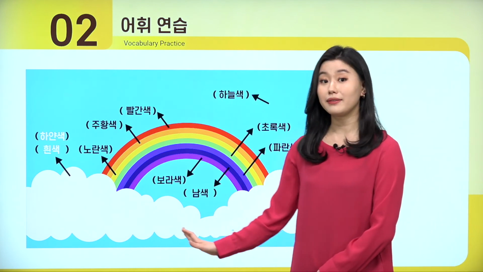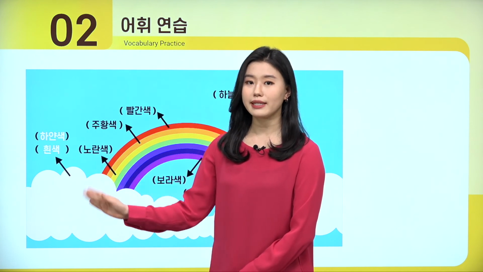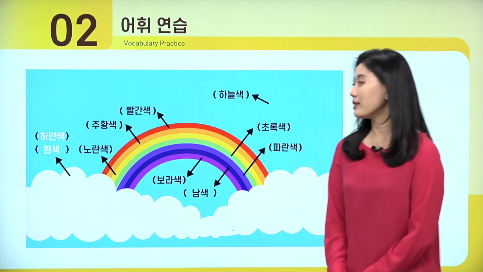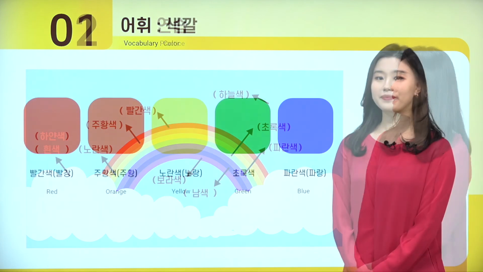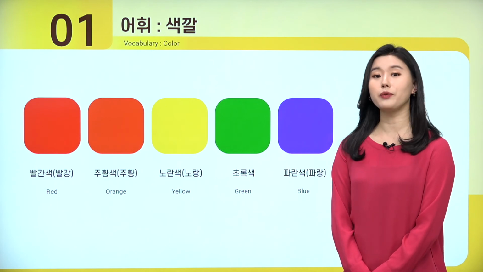Finally, we have cloud. Cloud color is 하얀색 or 흰색. That was color based on the rainbow. Then let's review the colors and check the pronunciation one more time.